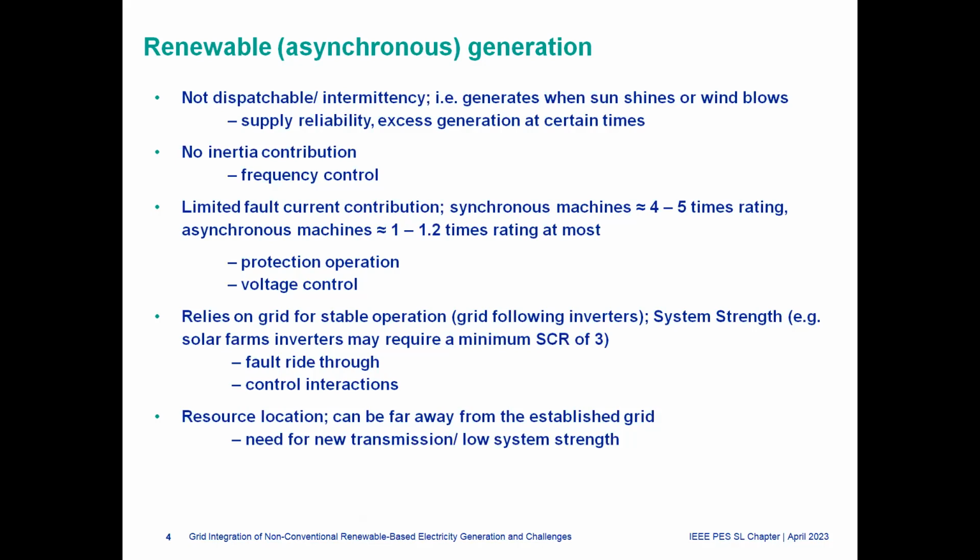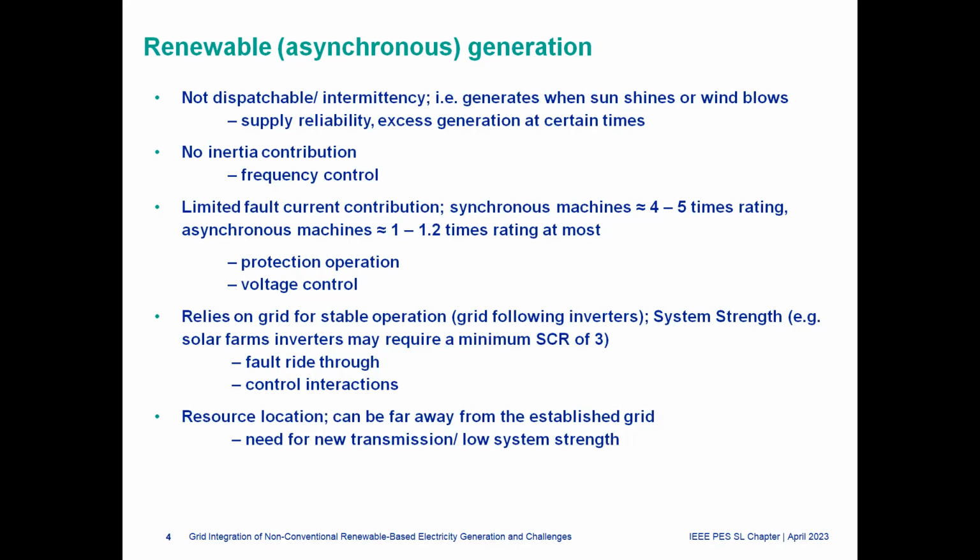Then another technical issue is inertia contribution, because we know that synchronous machines contribute inertia to the power system, which kind of resists the frequency changes. The higher the inertia, the better: synchronous machines, because they have a rotating system, help the frequency to remain at 50 Hertz.